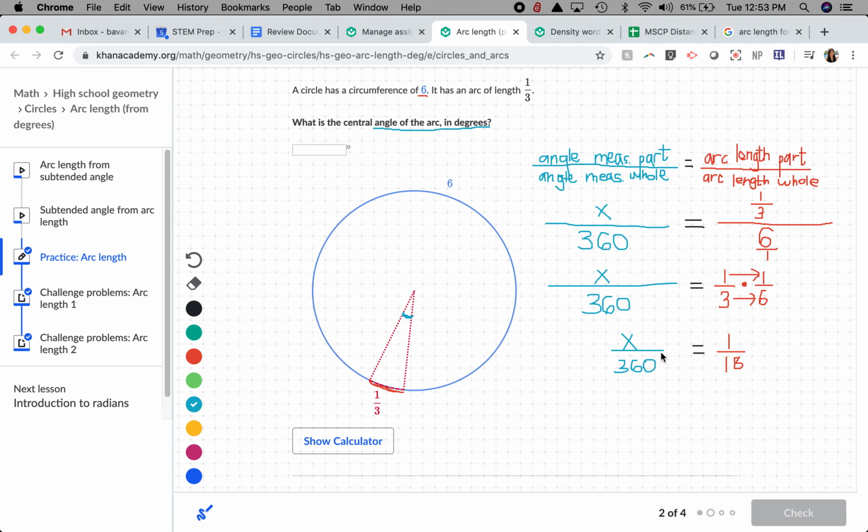what we want to do is isolate the variable. To isolate the variable, we need to do the opposite operation of what's being done to it right now. Right now, we are dividing by 360. And the opposite of that is going to be multiplying by 360. And if we do one thing on the left side of my equal sign, to keep it balanced, to keep it even, we have to do the same thing on the right side.